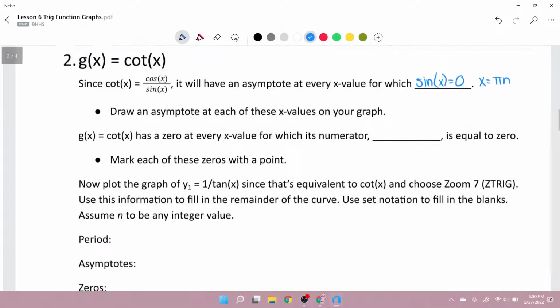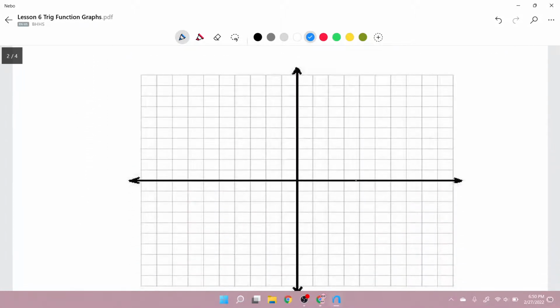Okay, so let's go down and let's draw that in. We'll do the same scale factor. Every 4 boxes is going to be pi. If you want to change it up, you can, but your graph will look just a little different than mine. Okay, so drawing in those asymptotes.